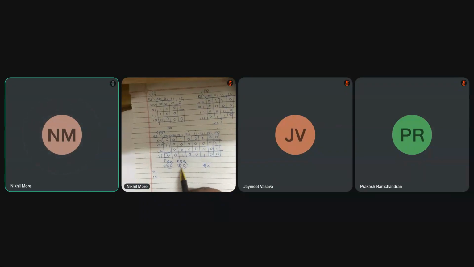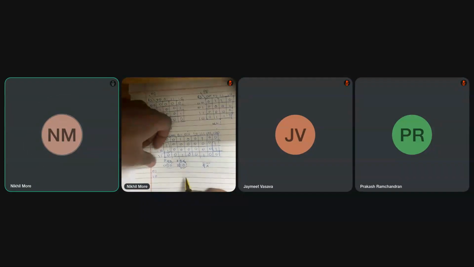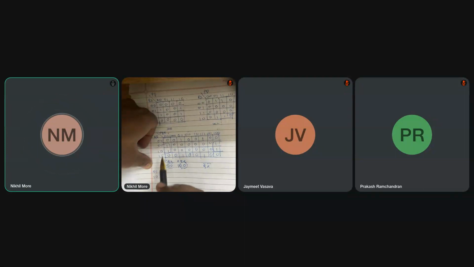A 0 indicates that it will be an inverse variable. So 0 here under q means it will be q bar, and for this, so this is q bar x 0.